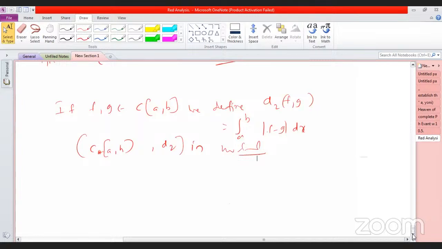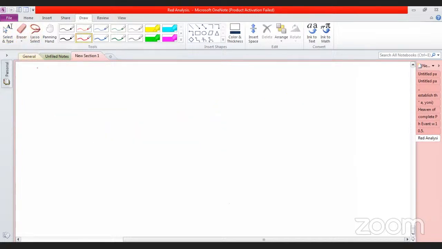Then subspace. They will ask the definition of subspace. What is the subspace? X comma d is a metric space. X comma d is a metric space or not? Yes, sir. Good.